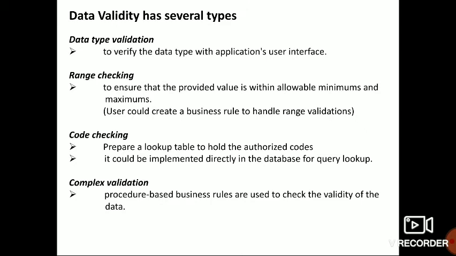This data validity has several types. There are four types of validity checking we do to ensure data quality. First one, data type validation. Here we can ensure the validity of data by user interface.